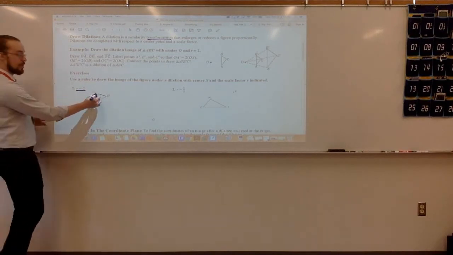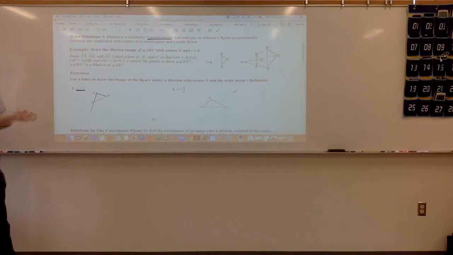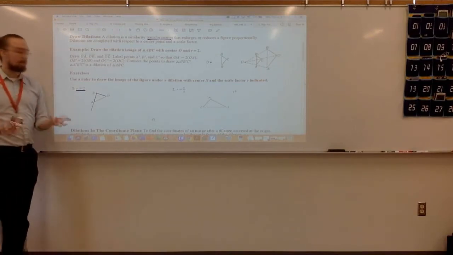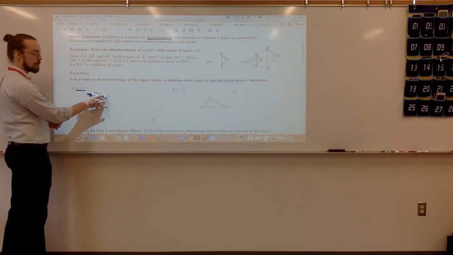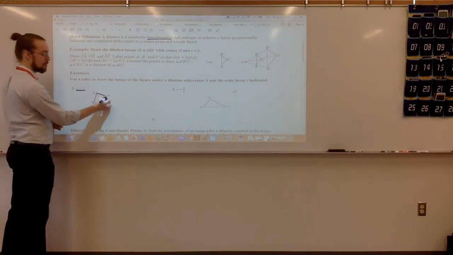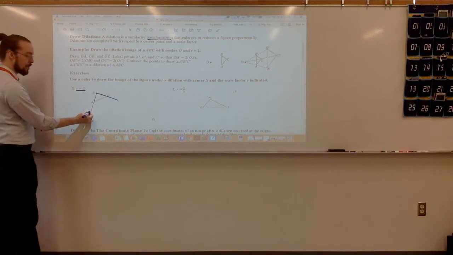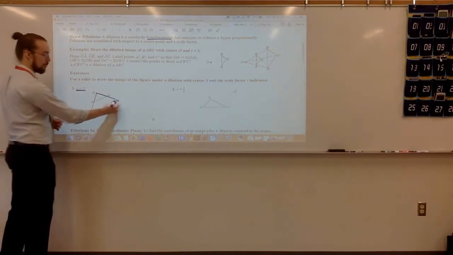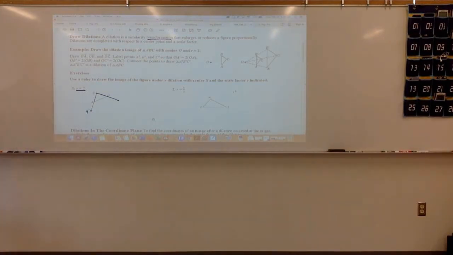I'm going to do the same thing over here. So again, technically we should be measuring this out, but for our purposes, we're just going to eyeball it here. So the distance from S to B, and then I'm just going to take that distance and double it. And so from S to B looks like about right there. So now we can say that this is my new A. And just like we did before, when we did rotations, reflections, and translations, I'm going to call this A prime.